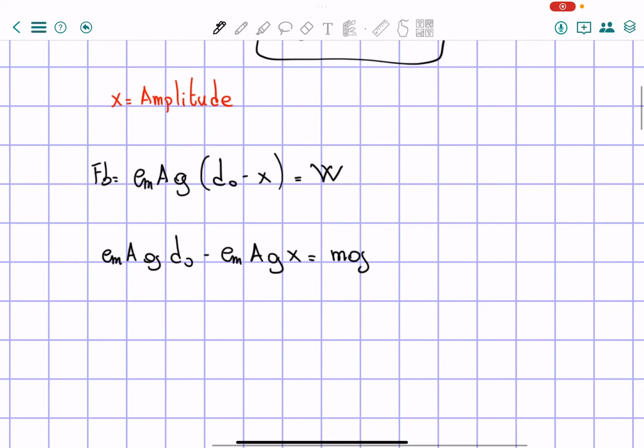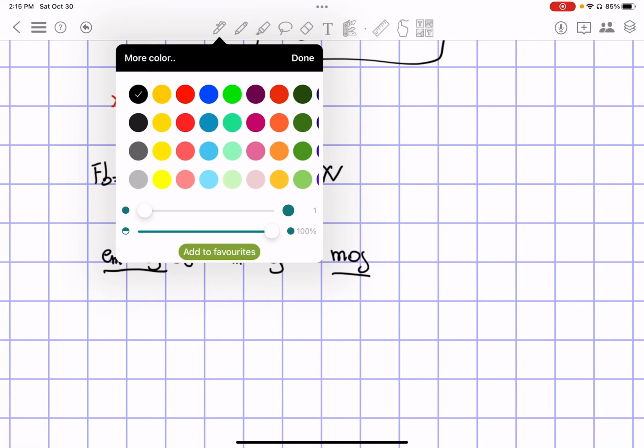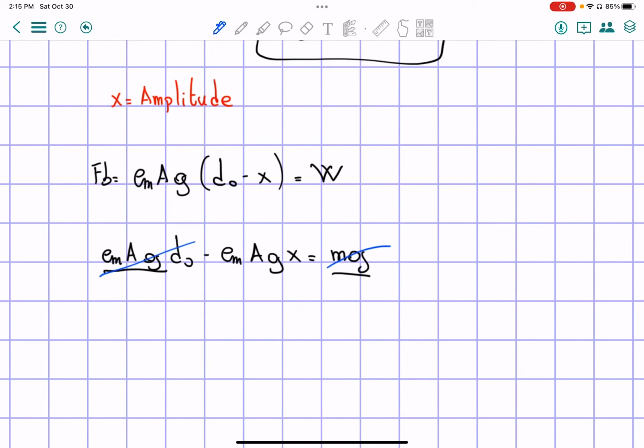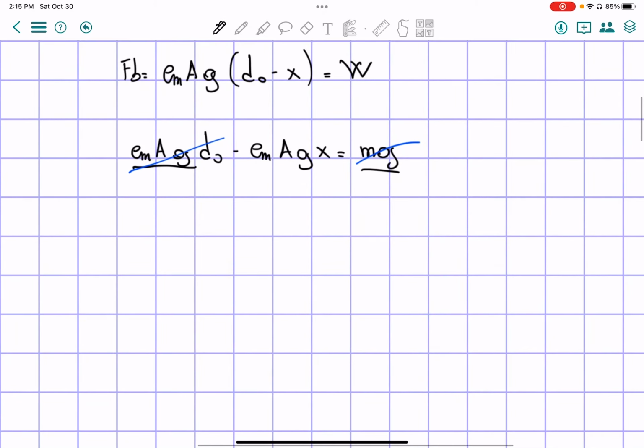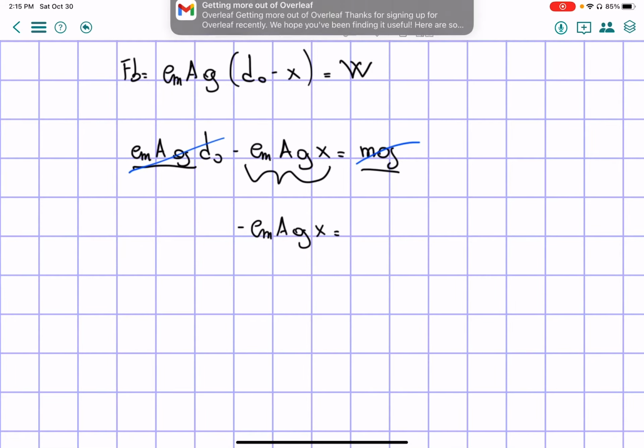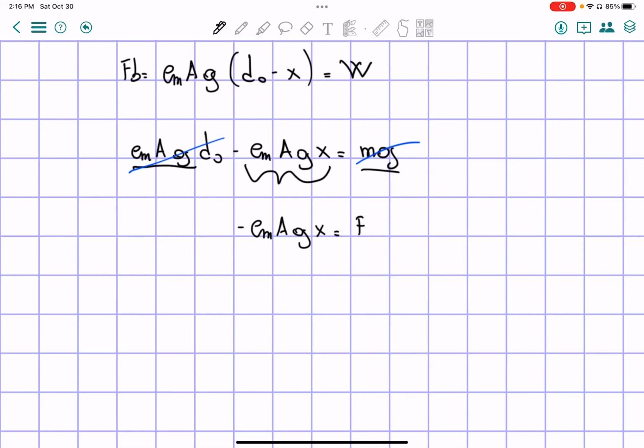So we can say that these two are the same thing, so they can actually cancel out. So the only force remaining is this part over here: the density of water times the area times the acceleration times the displacement is equal to the force left. And that is all we have left from all this.